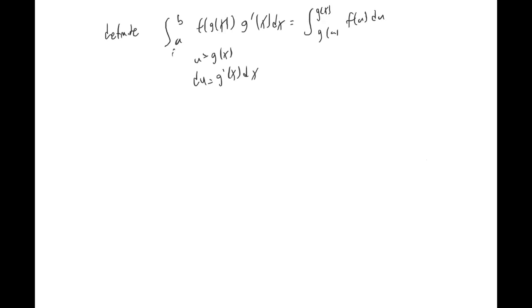These are bounds in the x variable, because there's an x here. When you change to u, the bounds can't be the same; you're working in u now. So when x is a, what is u?